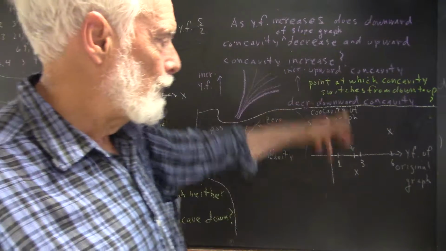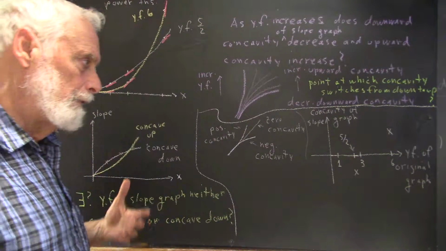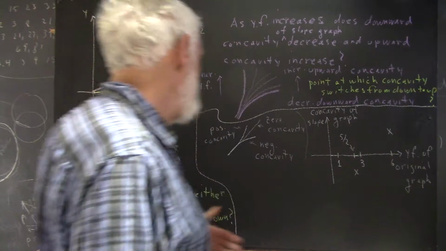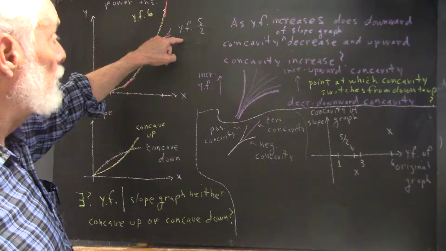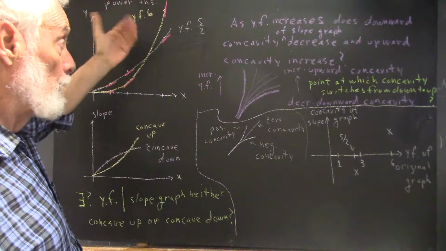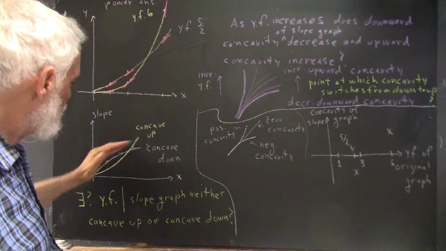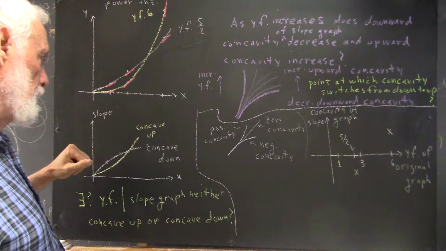Now, we don't know how negative or how positive because we haven't defined concavity, but if the concavity changes the way we think it does, in other words, if you increase this y factor a little bit, this graph becomes more concave upward, and the downward concavity of this graph will be somewhat mitigated. It won't be quite as downward concave.